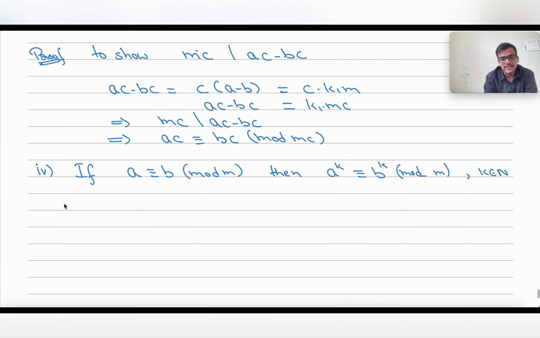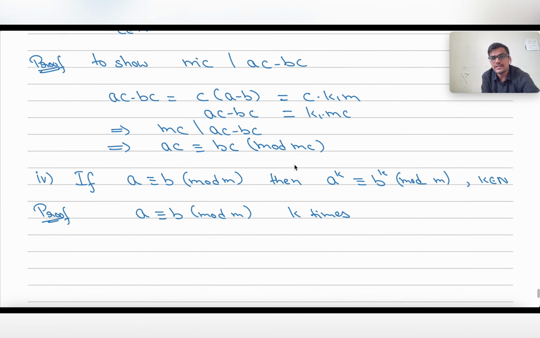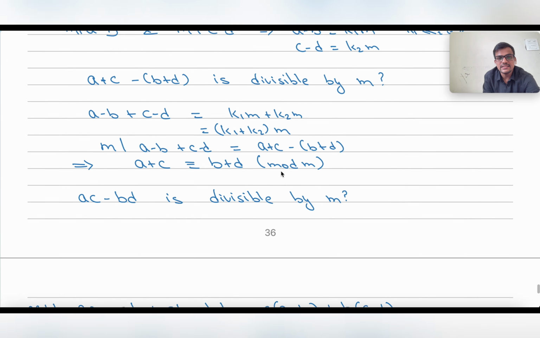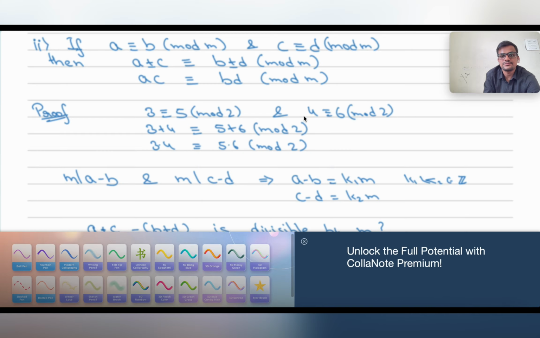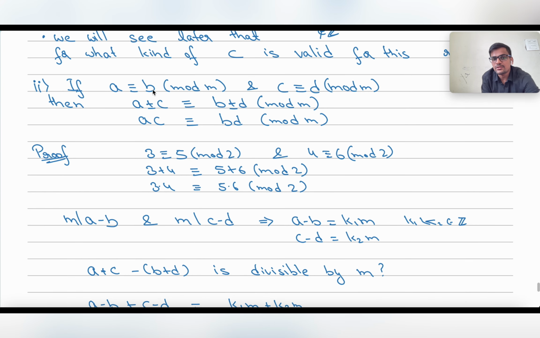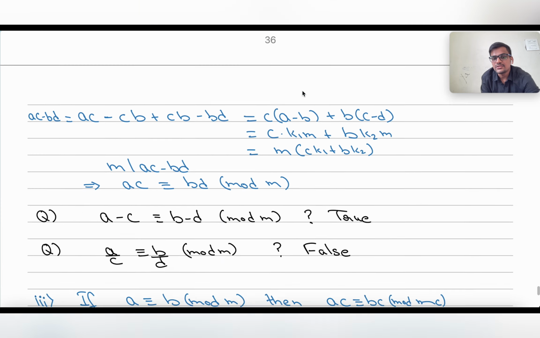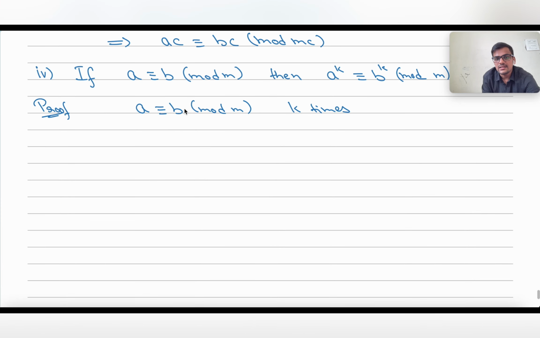The proof is simple here. Just take A congruent to B modulo M, K times. By the second property, if A is congruent to B and C is congruent to D, then AC will be congruent to BD. So if I multiply this K times, then what will happen?